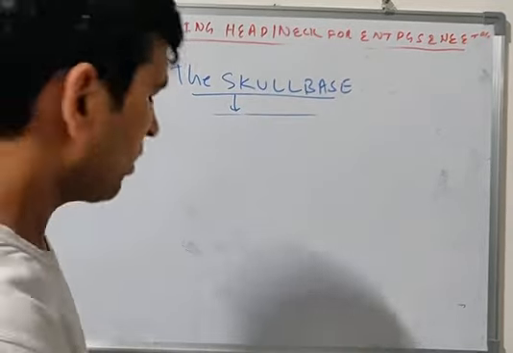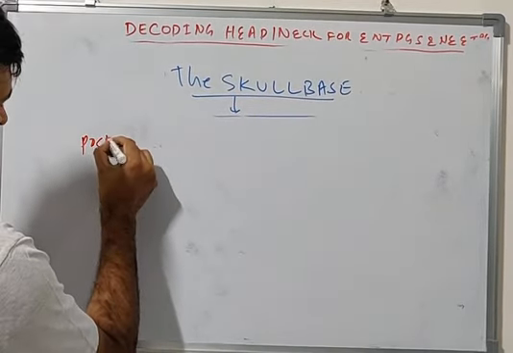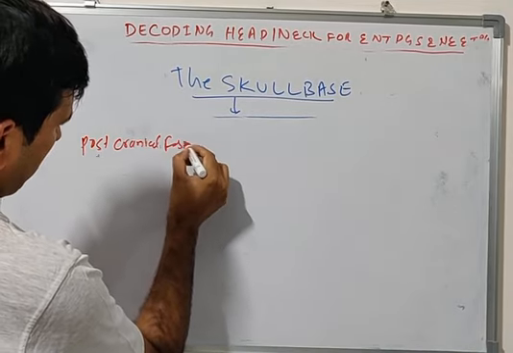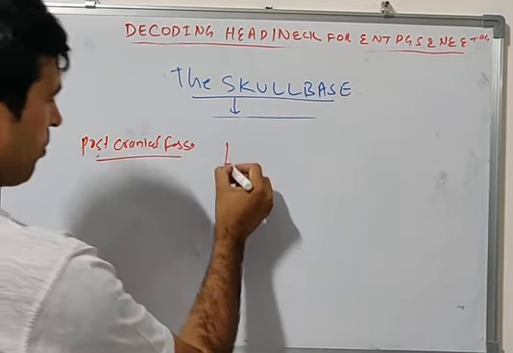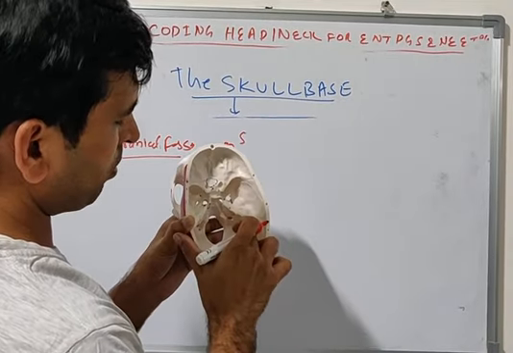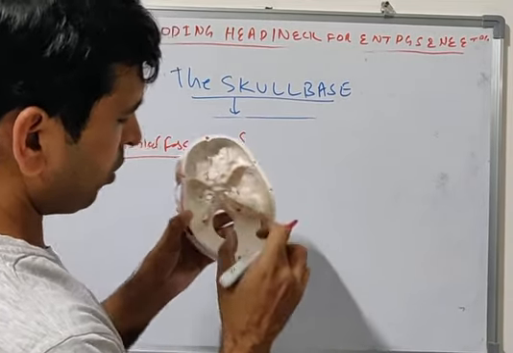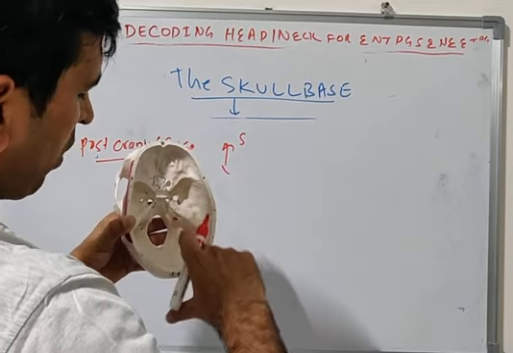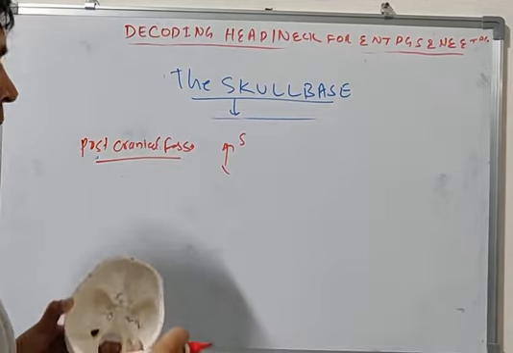Now we will talk about the posterior cranial fossa. This extends from the superior border of the petrous temporal bone to the internal occipital protuberance, the squamous part of occipital bone.